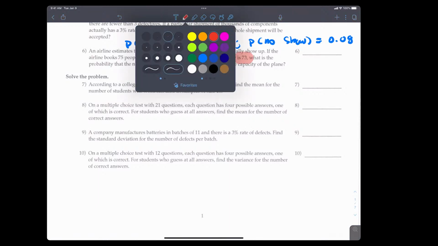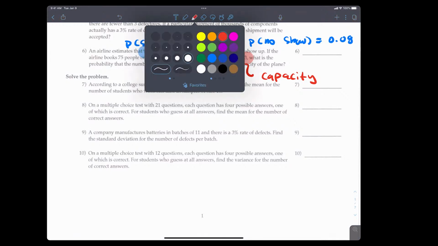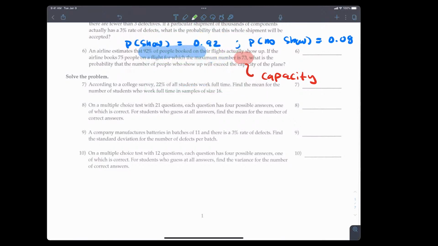All right, now remember what this means here. 73 is what they call the capacity. That's how much space they have on the plane. But what did they do? They overbooked this plane. Okay? They overbook, but the capacity is 73.